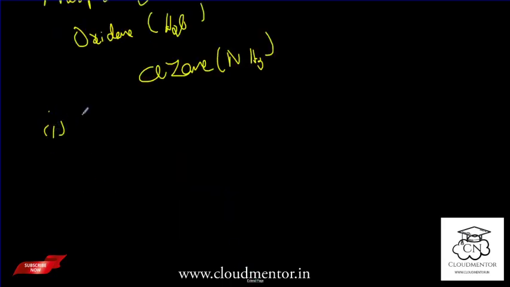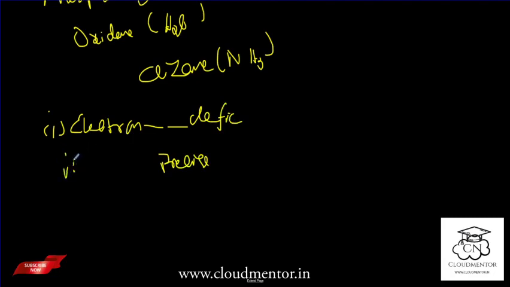And there are the following three types: electron deficient hydrides, electron precise hydrides, and electron rich hydrides. Electron deficient hydrides are formed with elements of the 13th group, which normally behave as Lewis acids, for example B2H6.